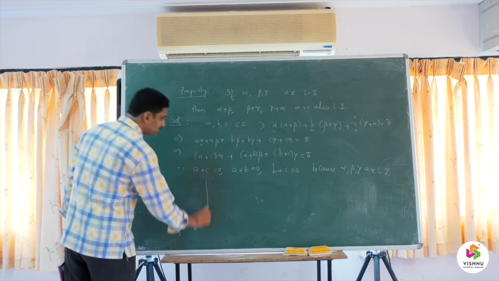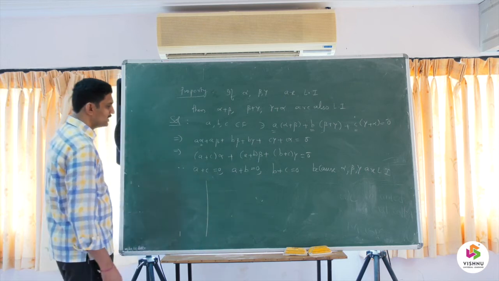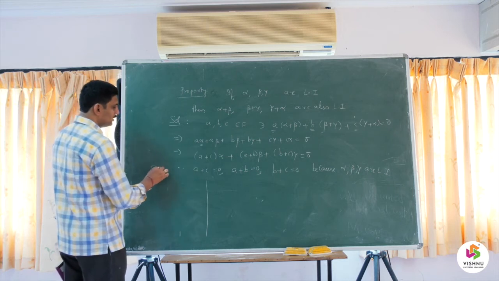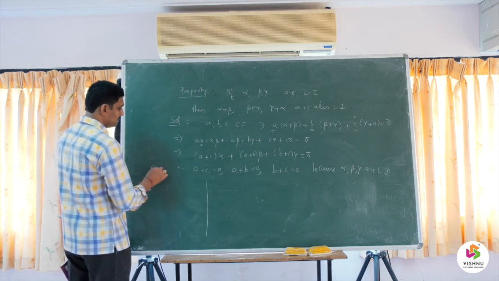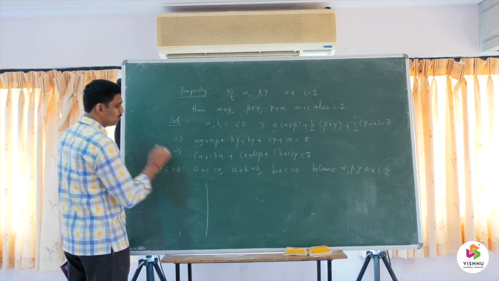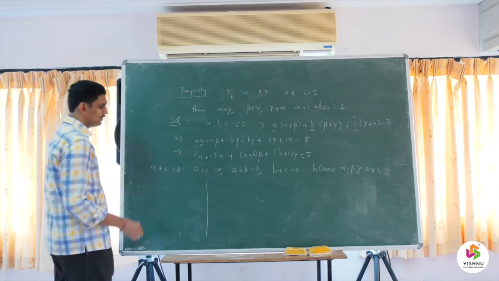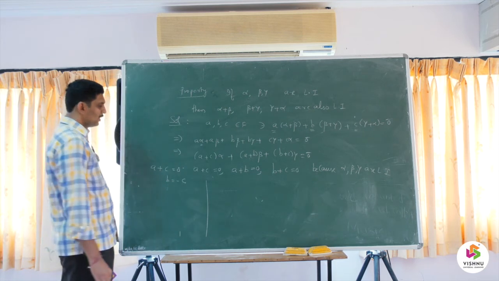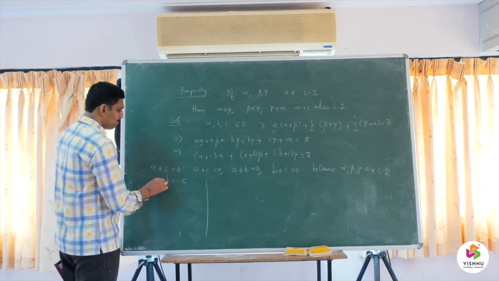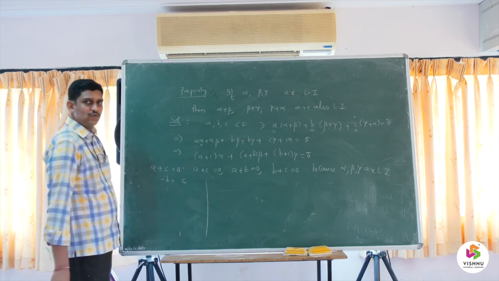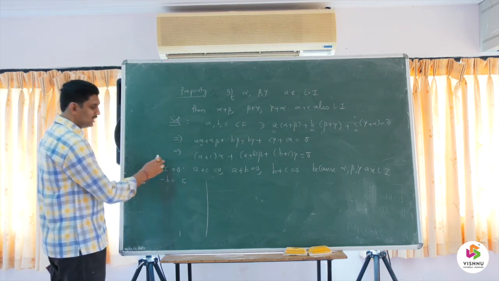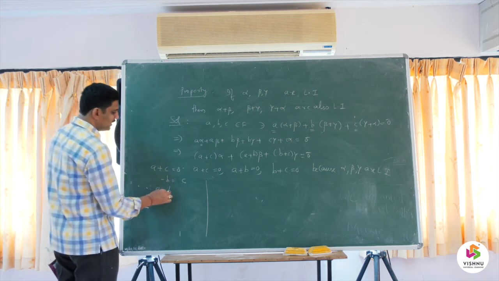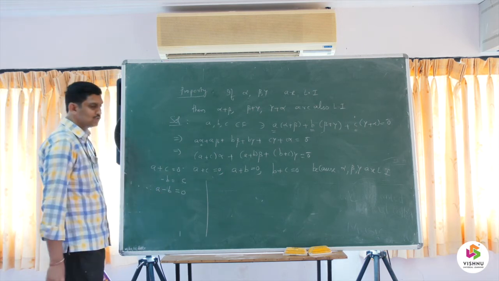So how can I do that? From the first equation, A plus C is equal to 0, and from the third equation you have B is equal to minus C, or minus B is equal to C. Now I substitute the values here, therefore I get A minus B is equal to 0.